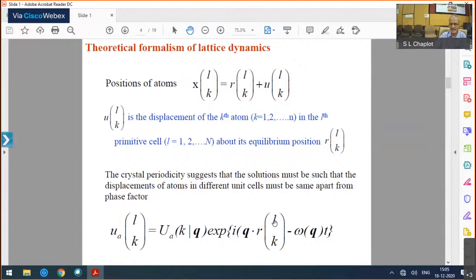This term was not the way it is here. The actual position of the atom within the unit cell.